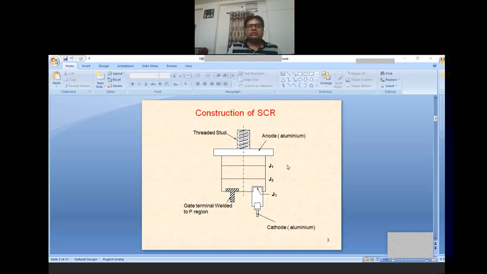So these are the construction details, and when it comes to the formation of layers, the outer N layer which is connected to the cathode is the heaviest doped layer. Next, the outer P layer is heavily doped, and the inner P layer is the least doped region.